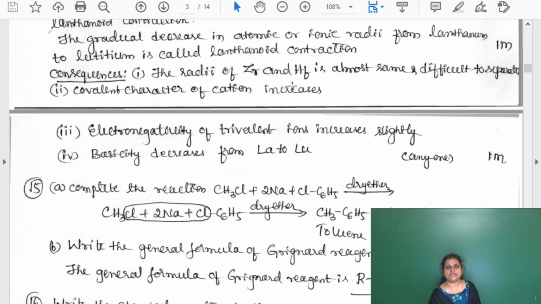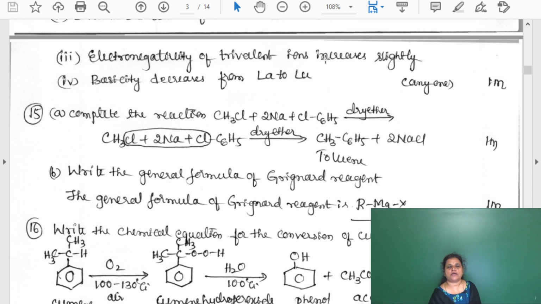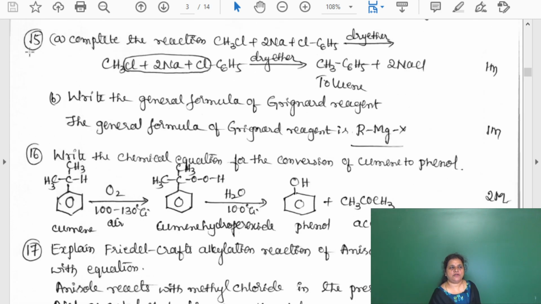Consequences: the radii of zirconium and hafnium are almost the same and therefore they are very difficult to separate; covalent character of cations increases; electronegativity of trivalent ions increases slightly; and basicity decreases from lanthanum to lutetium. You have to write any one consequence, and that carries 1 mark. Definition of lanthanide contraction plus 1 consequence gives 1 plus 1 mark.